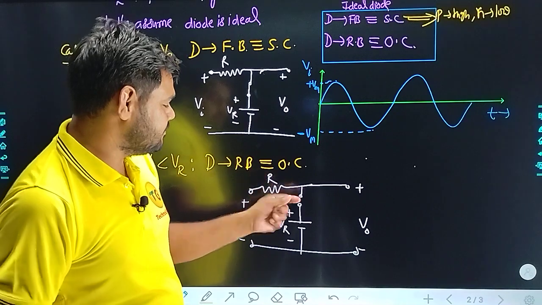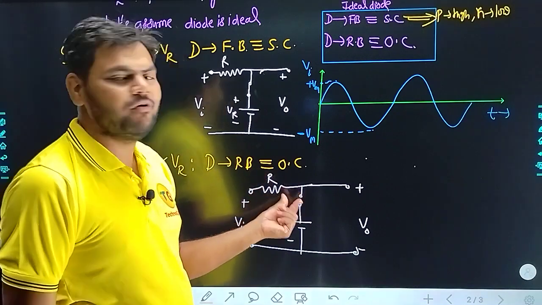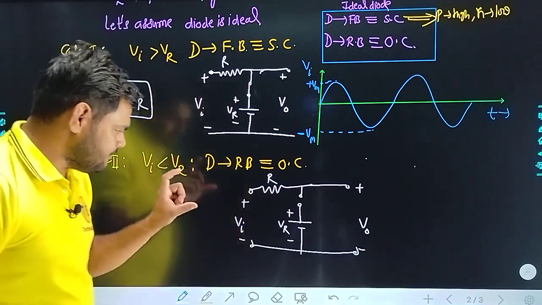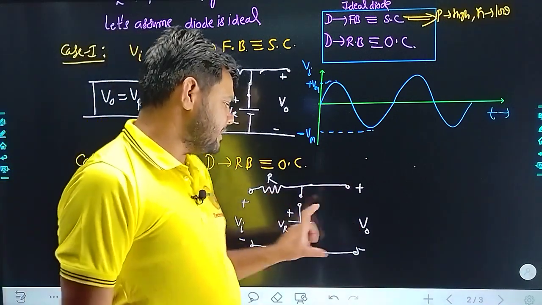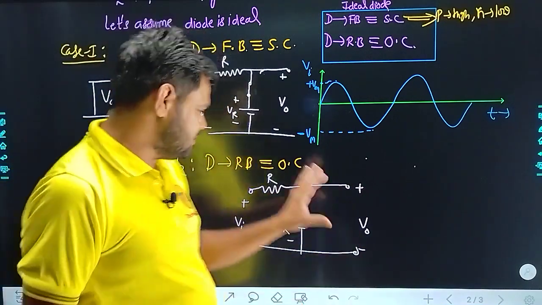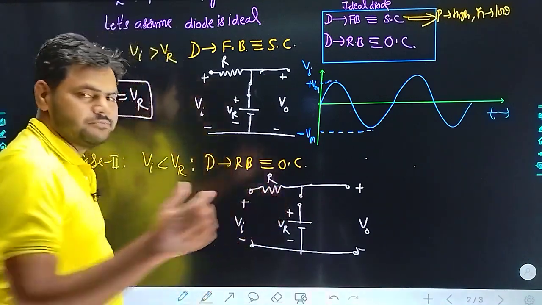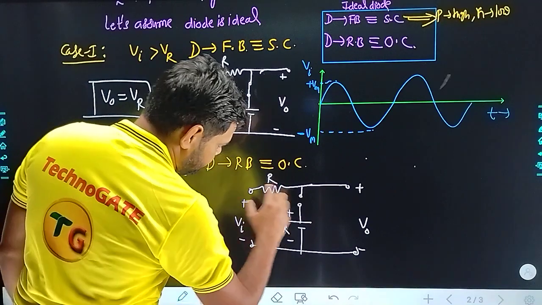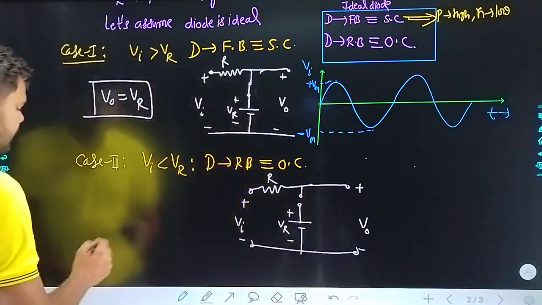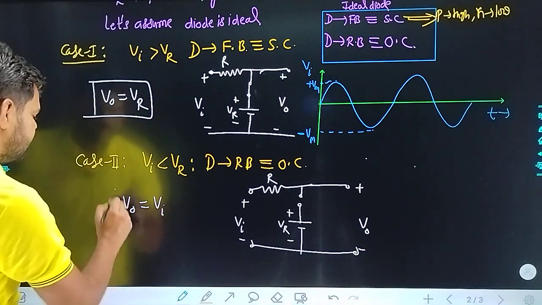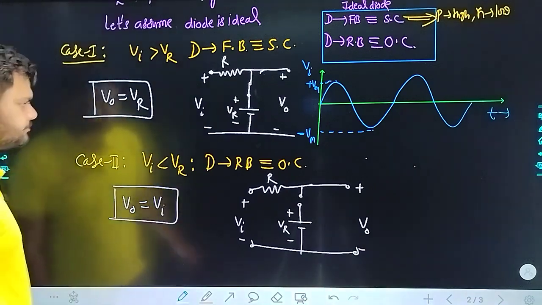Here the diode is off, so there is no current flow, which means whatever the V input voltage is will appear at the output terminal. There will be no voltage drop across the resistance because there is no current flowing in this loop. So in this particular case, V input and V output will be equal.